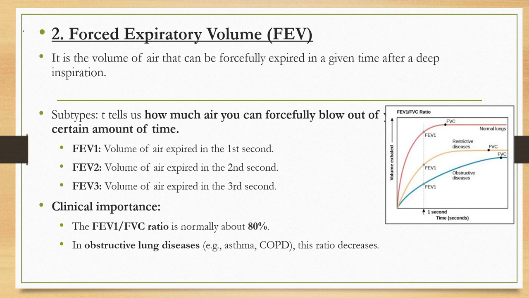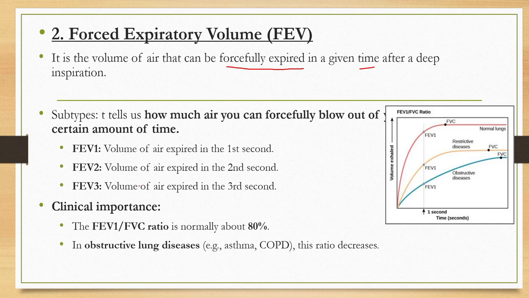Forced expiratory volume. This tells us how much air you can forcefully blow out of your lungs in a certain amount of time. Forced expiratory volume is the volume of air that can be forcefully expired in a given time after a deep inspiration. Here are the subtypes. FEV1: volume of air expired in 1 second.